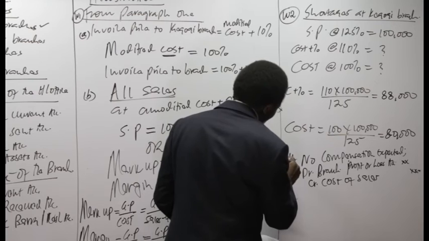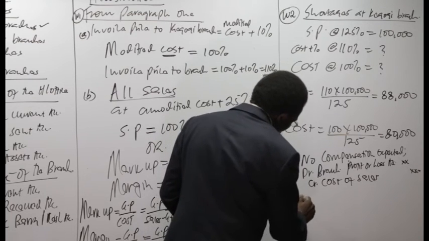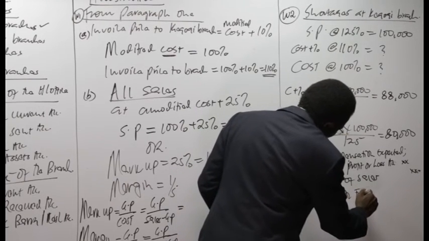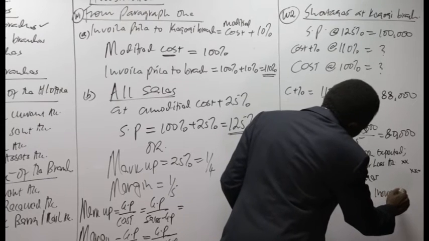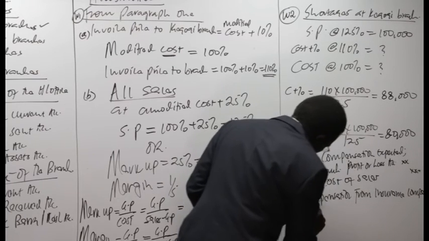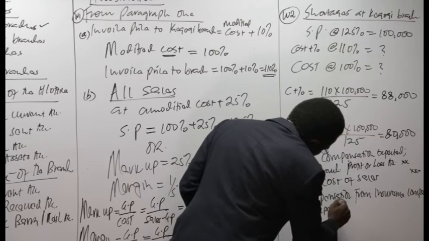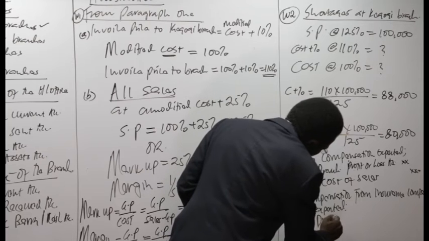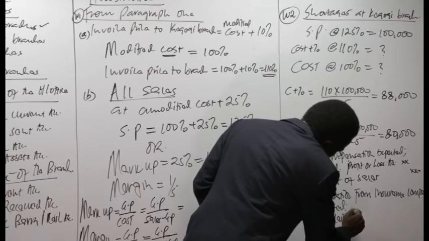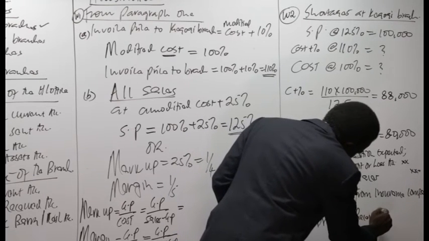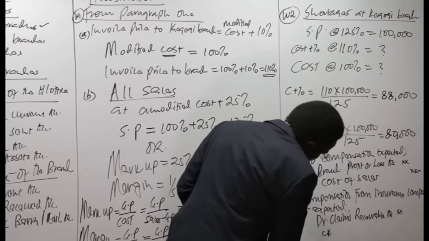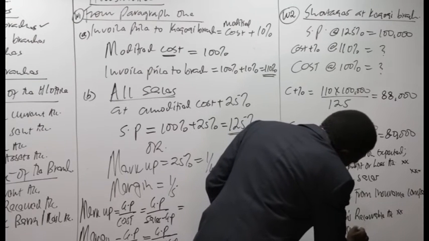B: if compensation from the insurance company is expected, then we are going to debit our claims receivable, then we credit our cost of sales.